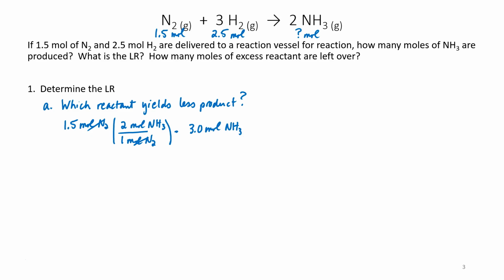Let's try the same thing with the hydrogen. We have 2.5 moles of hydrogen, and we see that for every 3 moles of hydrogen, we're going to make 2 moles of ammonia.